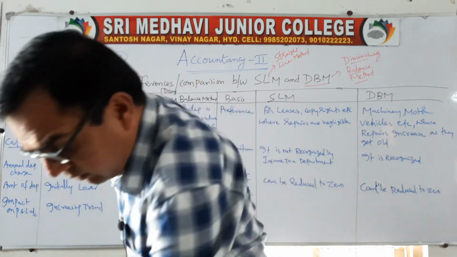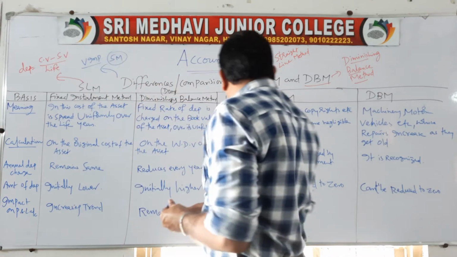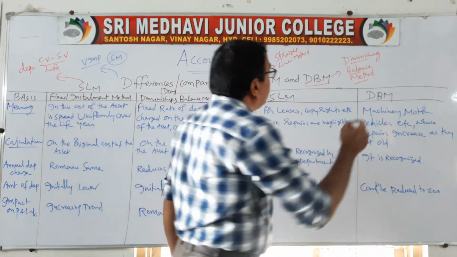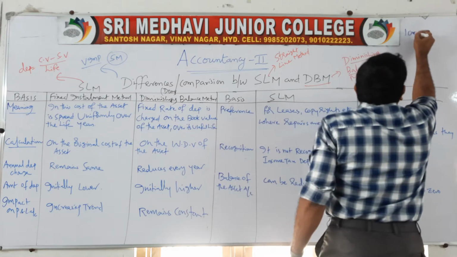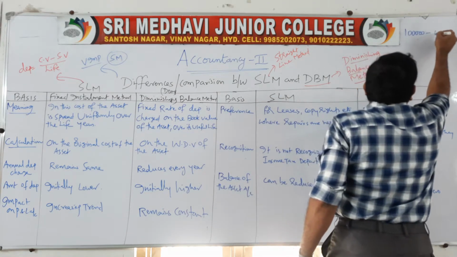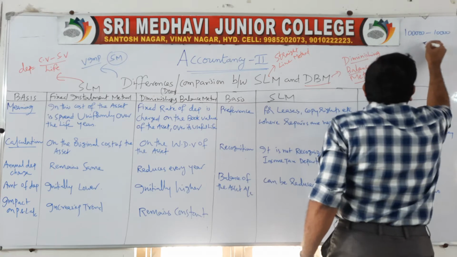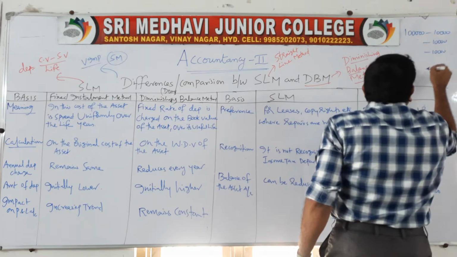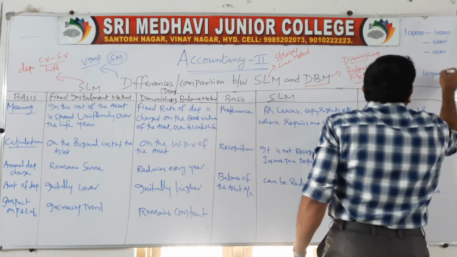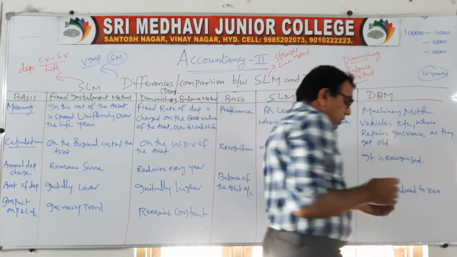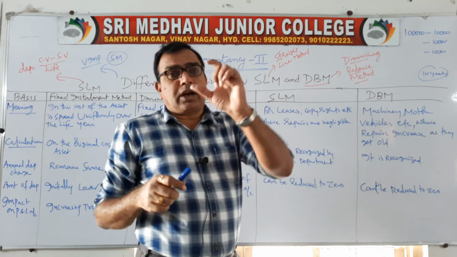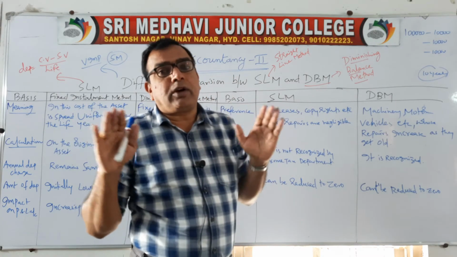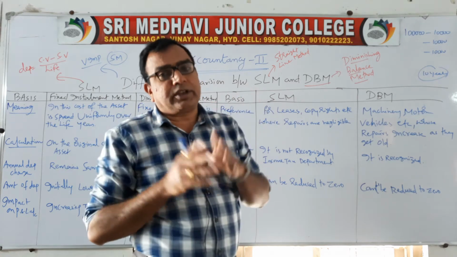The very first day while introducing this, I gave you the example: first year depreciation 10,000, 10%, second year also 10,000, third year also 10,000, like that for 10 years. So 10 into 10, 1 lakh rupees. So the cost of the asset is spread uniformly throughout the lifetime of the asset.